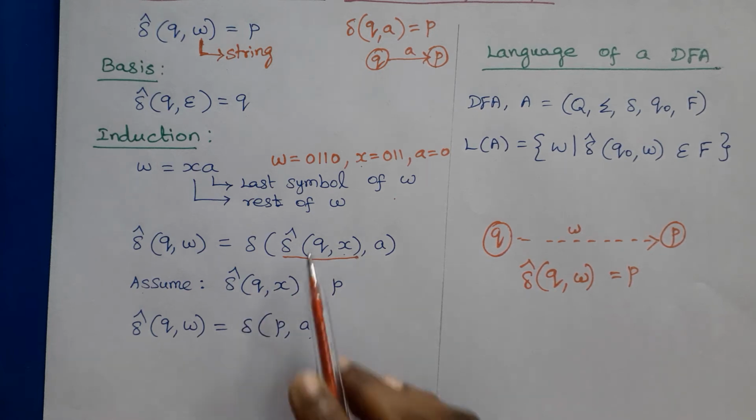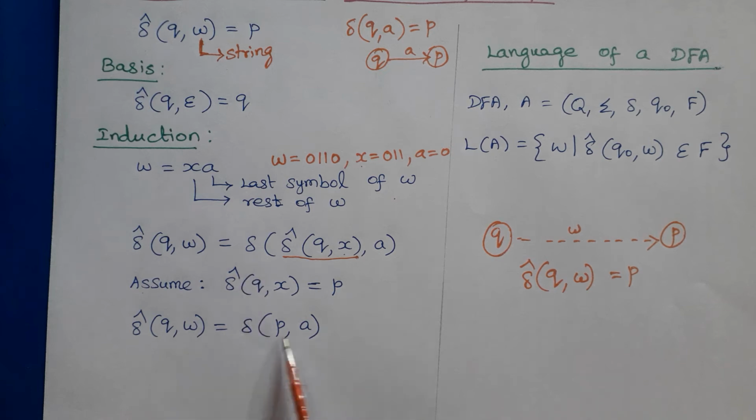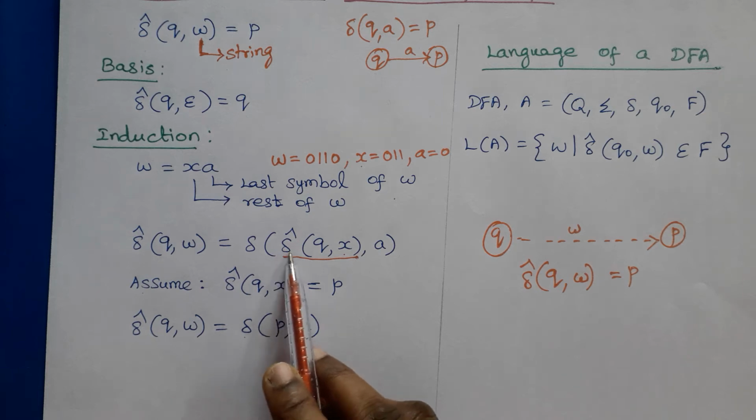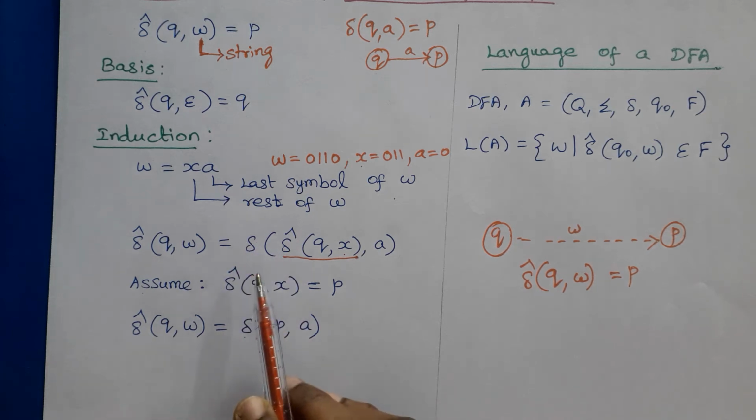Then we substitute that here. Delta of P comma A is the transition function; delta cap means the extended transition function and delta means the transition function. Finally we will get some state as the output.